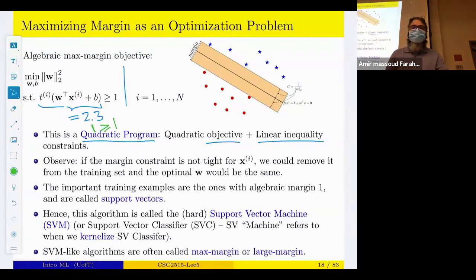So if the constraint is not tight, we could remove that data point from the training set, and the solution of the optimization problem would be the same.